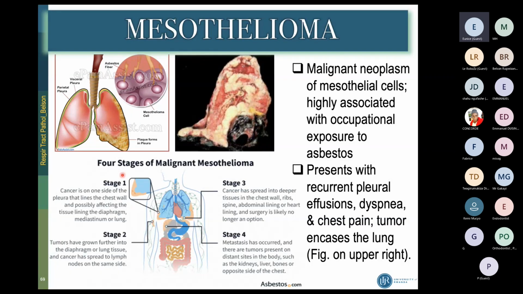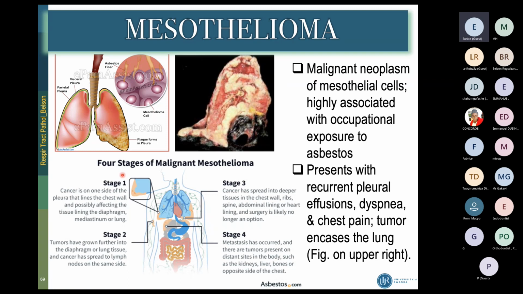So the last disease here is mesothelioma, which is a cancer. Mesothelioma can be benign or malignant. It depends on what histology confirms, on how the cells look. So it can be malignant or benign, but usually they are malignant. It arises from the cells lining the pleura or lining the peritoneum, pericardium, and so on.